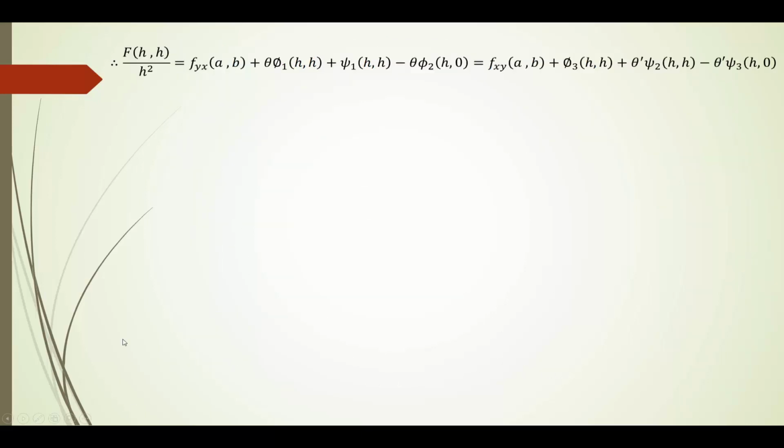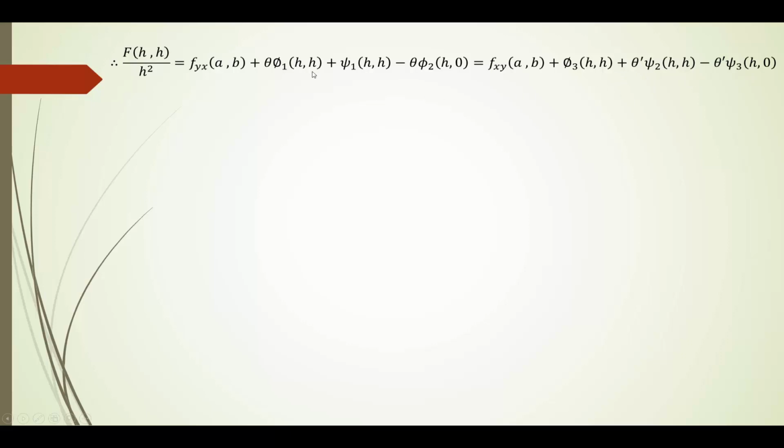Now equating both the terms, so f of h equal to f_yx(a, b) plus theta into phi_1(h) plus psi_1(h) minus theta into phi_2(h, 0) is equal to f_xy(a, b) plus phi_3(h) theta dash plus theta dash psi_2(h) minus theta dash psi_3(h, 0).